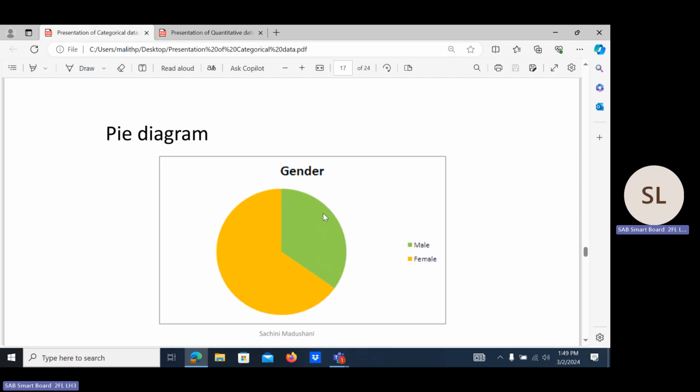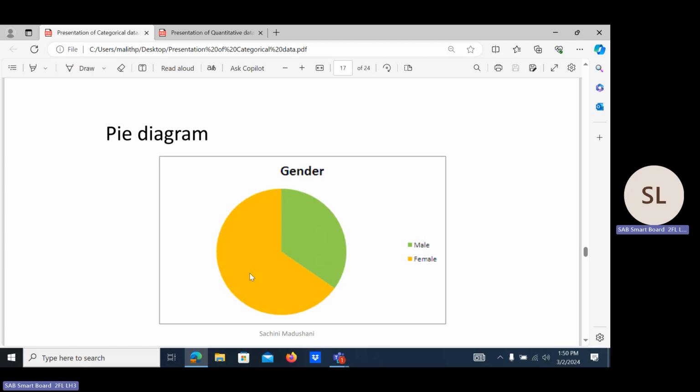When we need to draw the pie chart, we use degree values. The total degree value in a circle is 360. We take the frequency of each category and convert that frequency into a degree value. Based on that, we can draw the pie chart. But we display only the percentage value; normally we do not display the degree value.